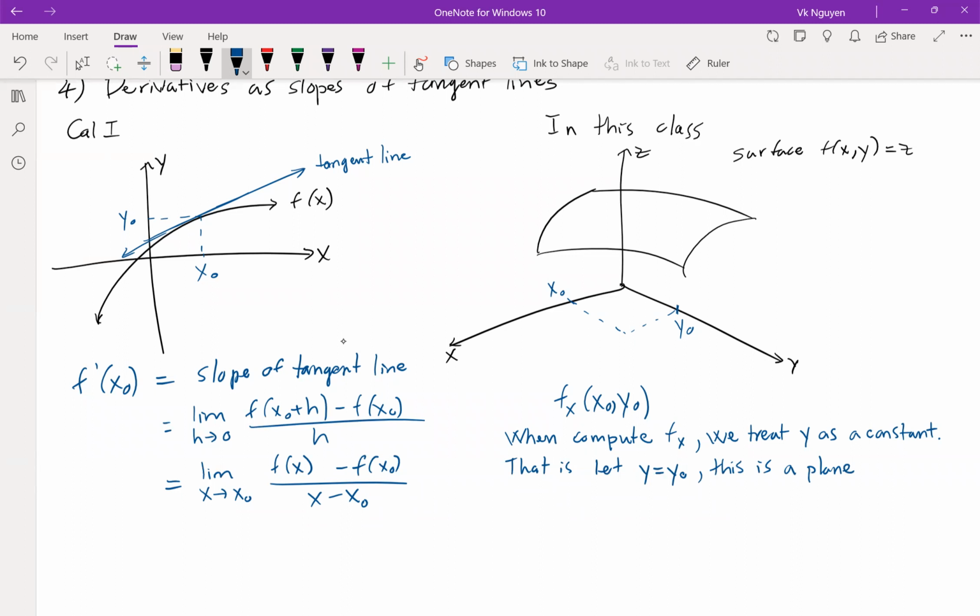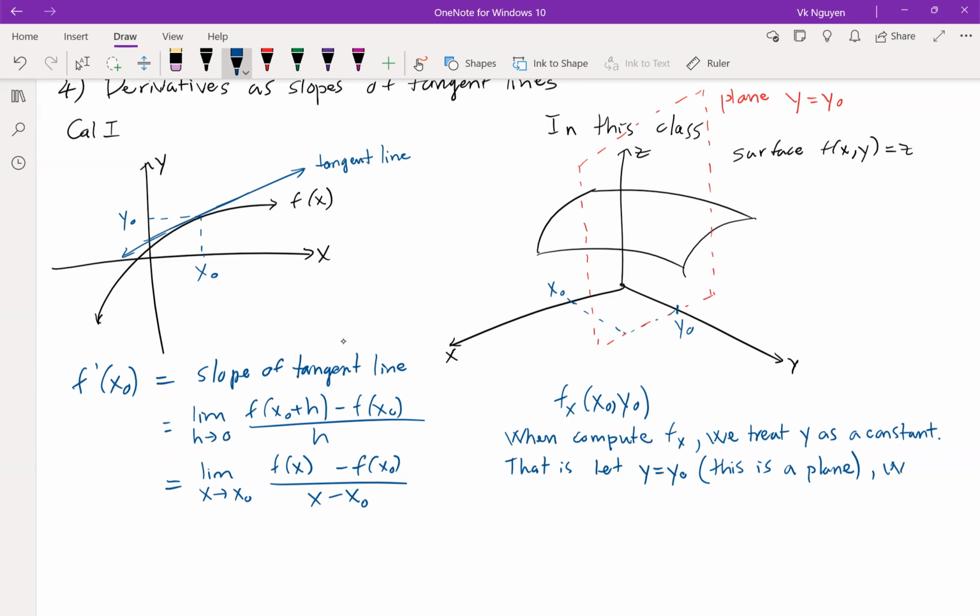Okay, so I'm gonna let y equal y sub 0, and we're gonna get a plane. So let's sketch this plane right here. Don't have to overkill yourself, right? Make sure that it's the plane, y equal y sub 0.